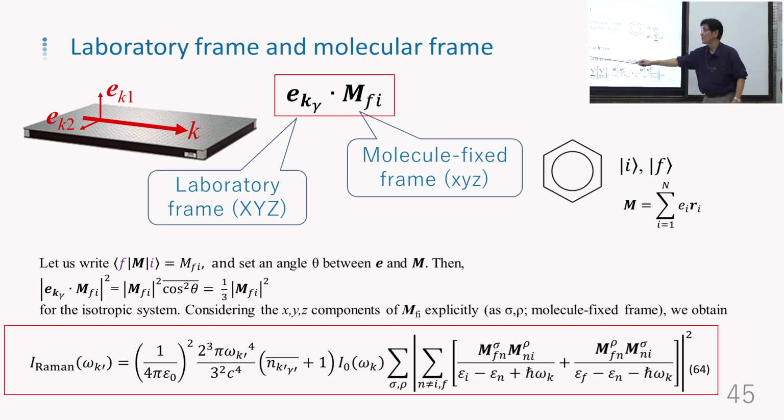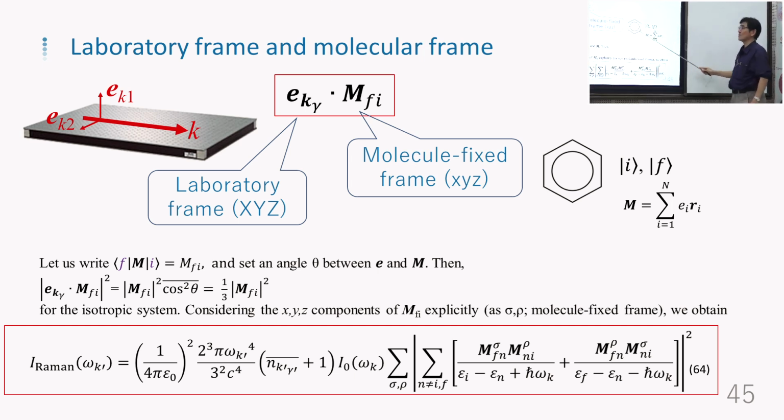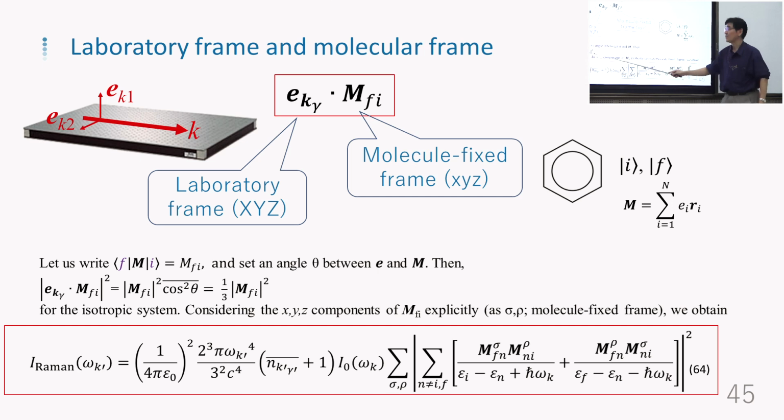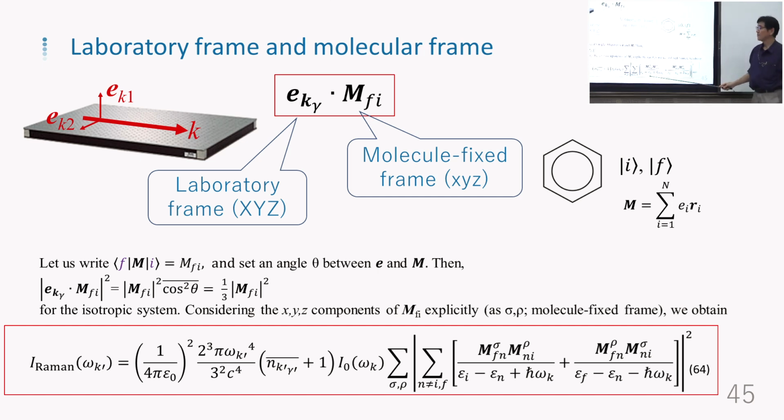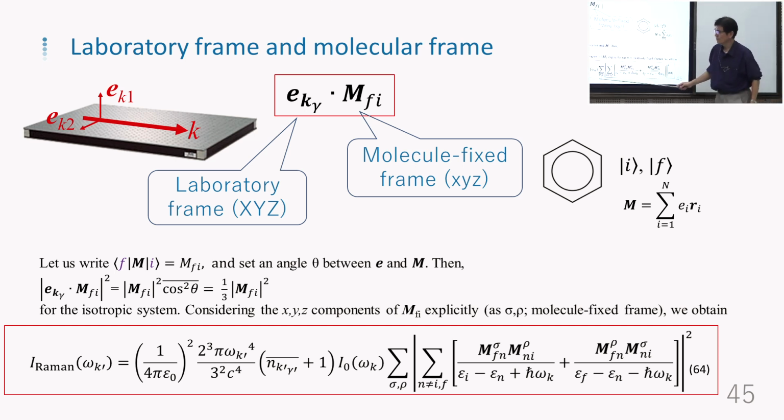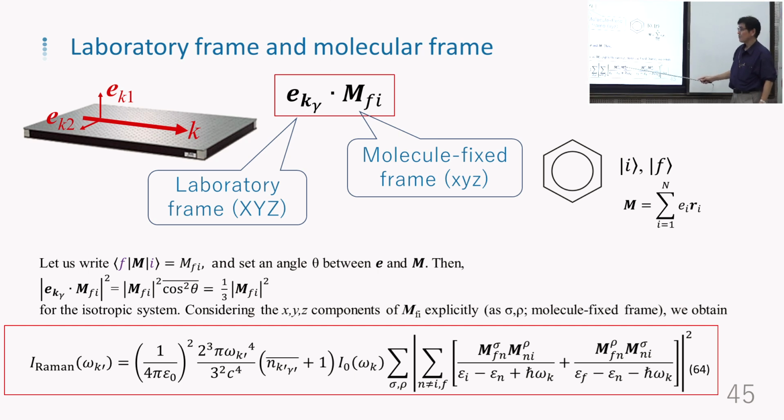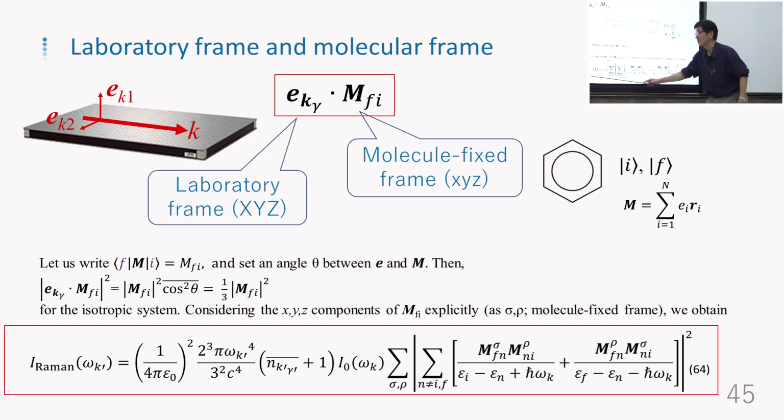And MFI that is defined in the molecular fixed frame is used as it is in the laboratory frame because it already takes account of the spatial averaging. Okay, so MNI is used as it is with the term of the spatial averaging, and Raman intensity is calculated from this equation.